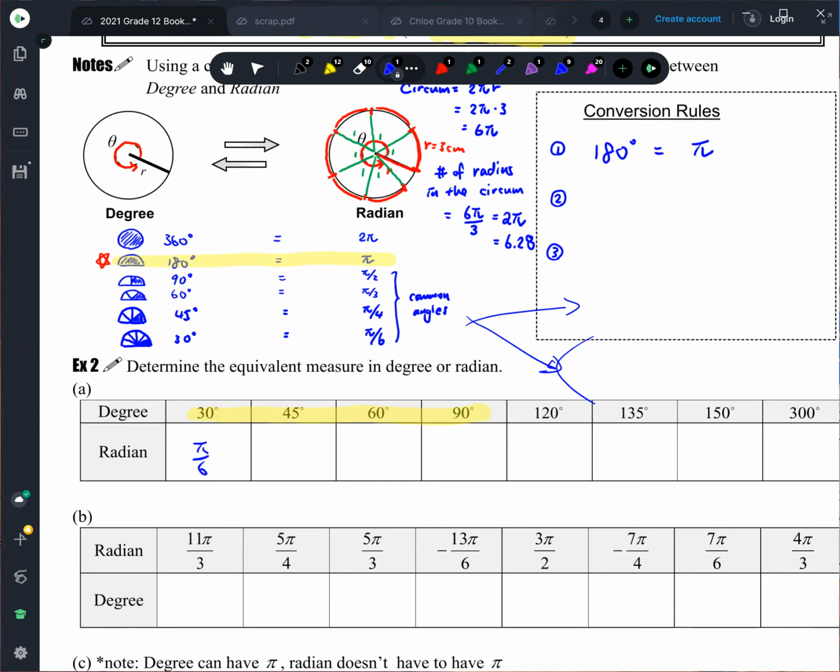Okay, when you finish the first 4, okay, please raise your hand. 30, 45, 60, and 90. And we'll talk about how to do the other one, okay?